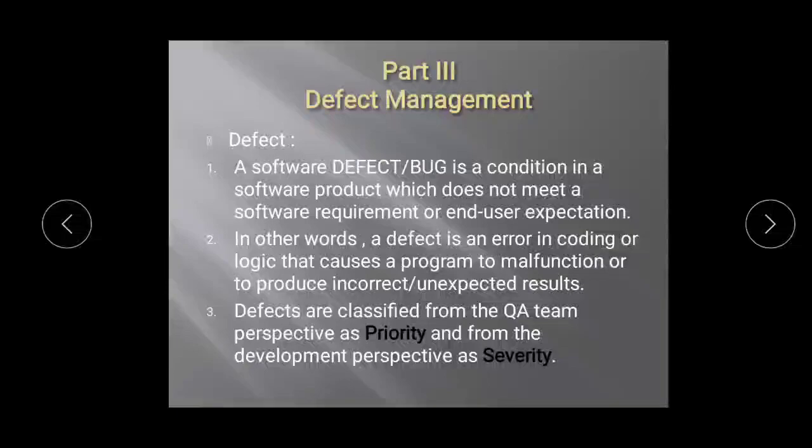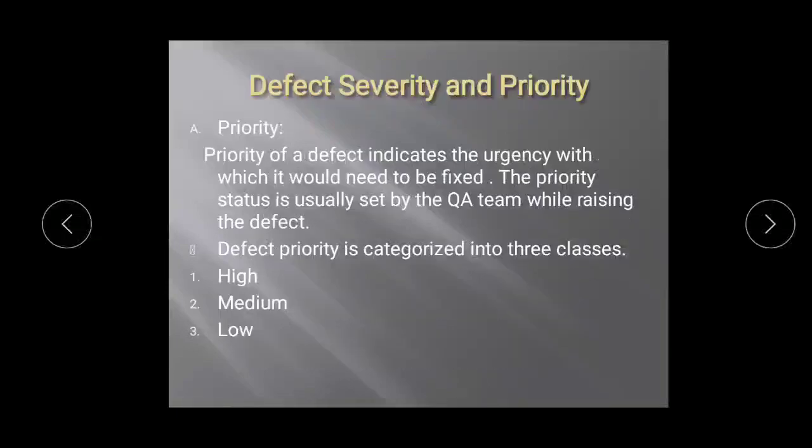Defects are classified from the QA, that is quality analysis team perspective, as priority, and from the development perspective as severity. So there are two classifications, priority and severity. First we'll go with defect priority and severity.